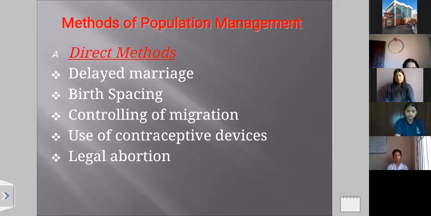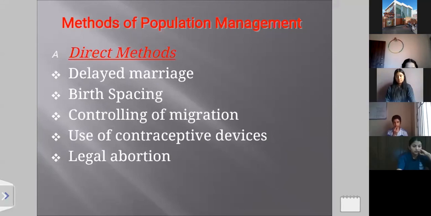Or in another way we can define abortion as the ending of pregnancy by expulsion of a fetus before it can survive outside the uterus. That's the definition of abortion.